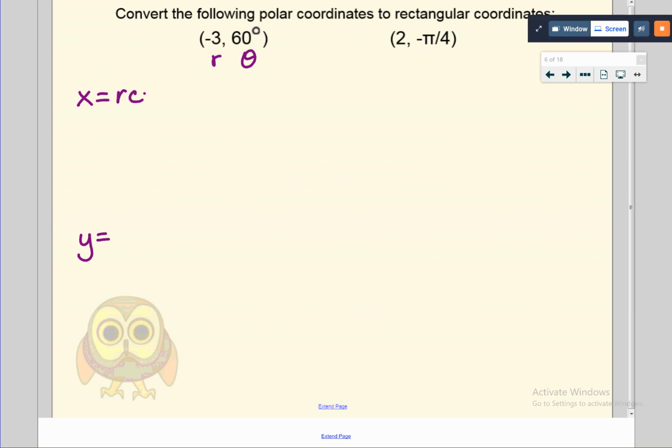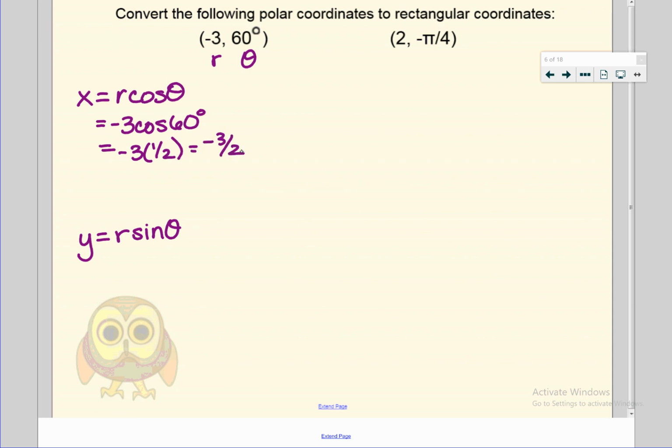X is our cosine, easy to remember, we know x goes with cosine from our unit circle. Y is our sine. Plug it in. -3 cosine 60. What is the cosine of 60 from your unit circle? 1/2. So I get -3/2 is my x coordinate.